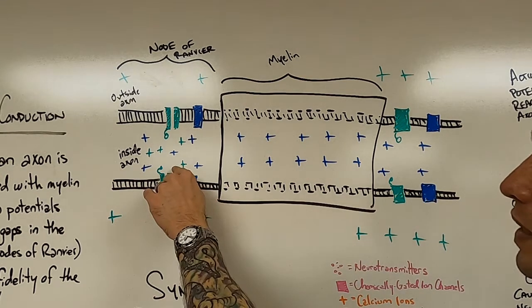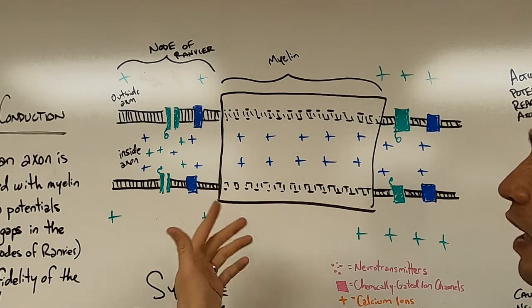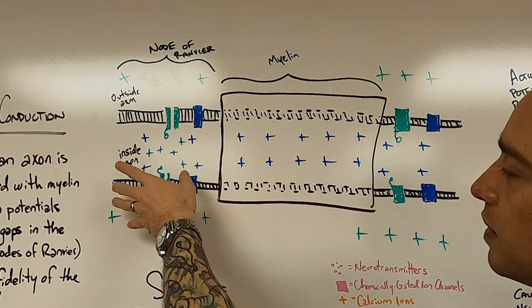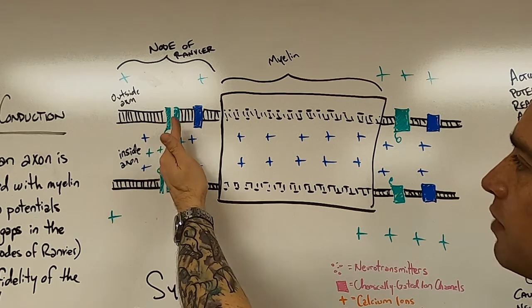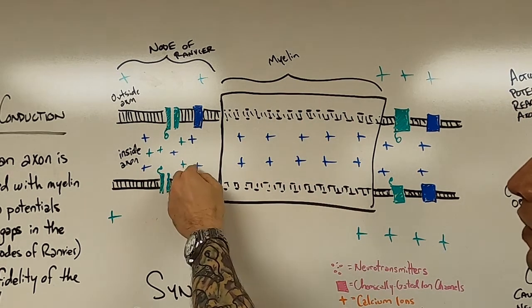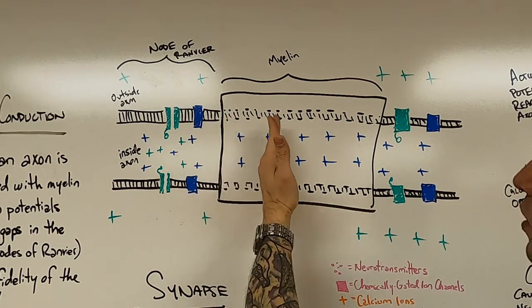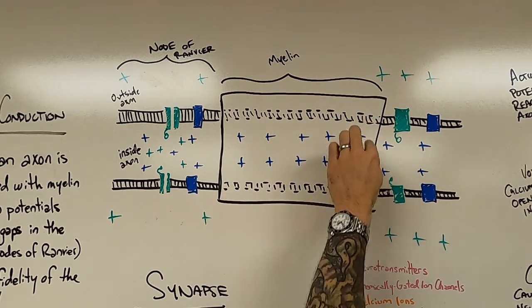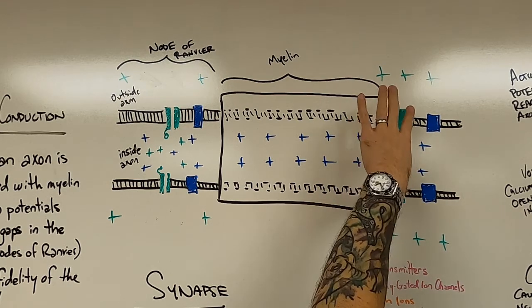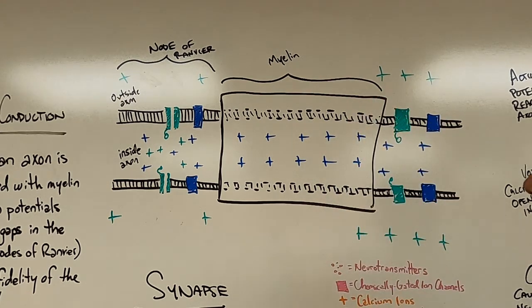And you might think that's a long way for these sodium ions to travel, and you would be correct. However, recall that because sodium ions are positive and positives repel each other, when sodium ions enter here, they actually push all of the rest of the positive ions over. And so these sodium ions are going to cause potassium ions to all shift over, which is going to increase the amount of positive charge here, which is going to activate these sodium ion channels.